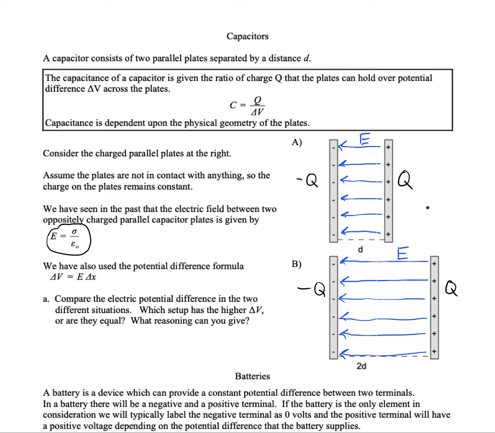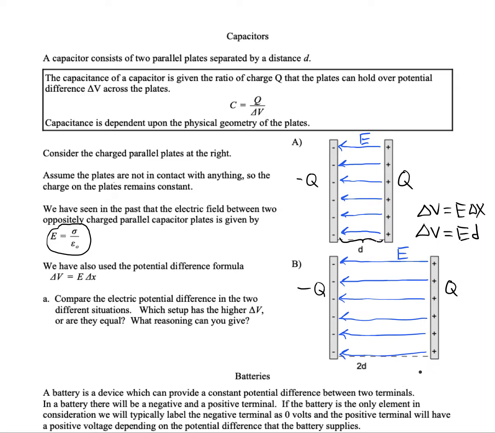Now we want to use the formula delta V equals E delta X to decide what the potential difference is like for these plates. In case A, we'll have delta V equals E times D, where D represents the separation between the plates.